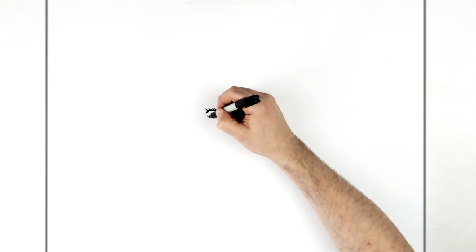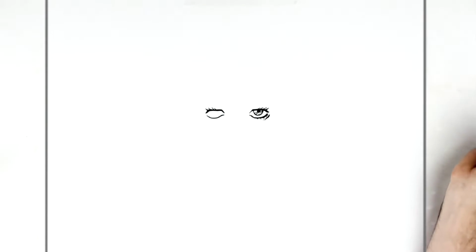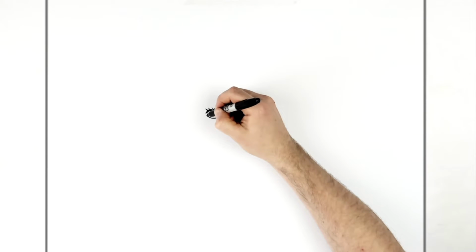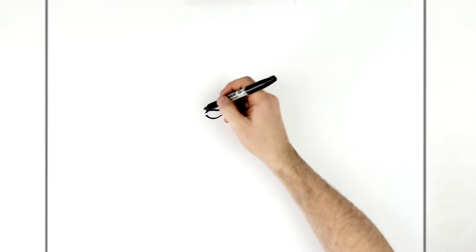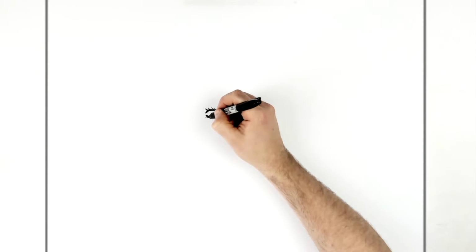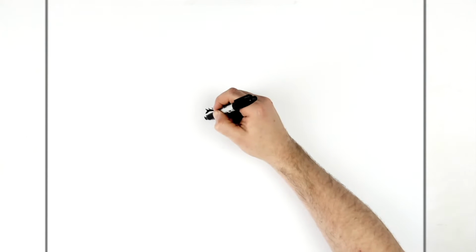And then the bottom eyelid, same as the other side. Like that. You want to thicken it up. Eyelashes. And then those lines down here.